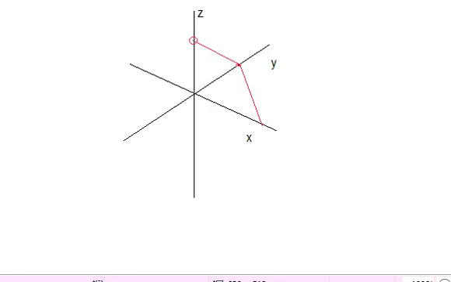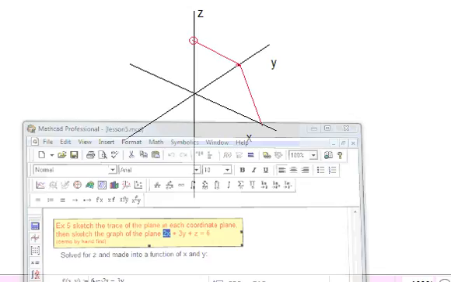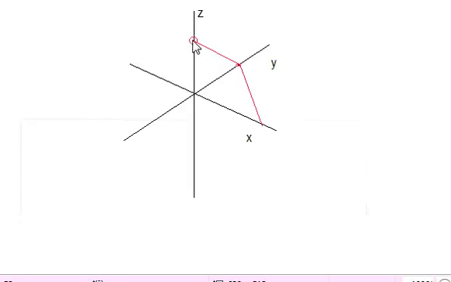And now in the xz plane, y would be 0, so z equals negative 2x plus 6. Again, the 6, that's nice that we got that point there where it is. It's exactly what we wanted it to be. There, I'll make it fat.